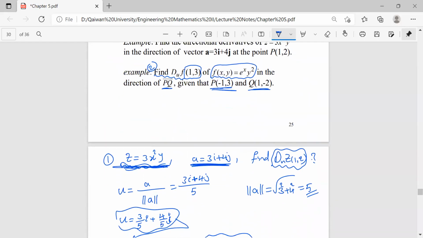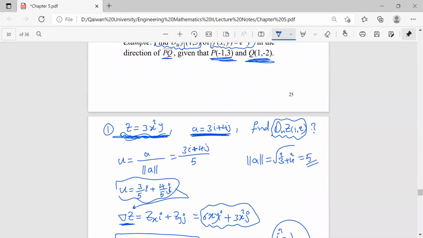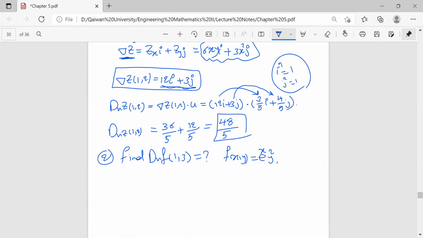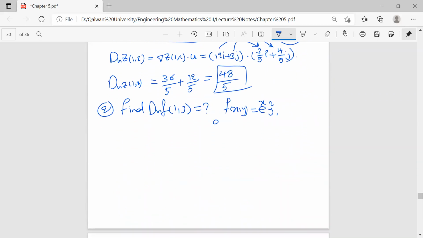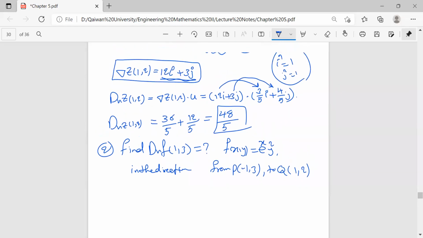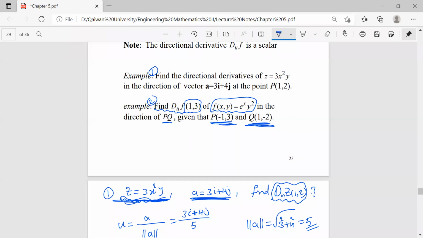From P to Q. P is negative 1 and 3, in the direction from P, which is negative 1 and 3, to Q, 1 and 2, and negative 2.